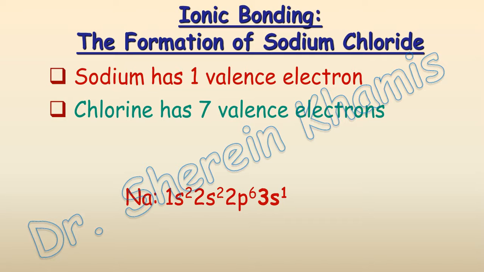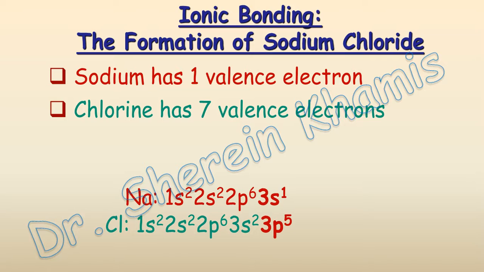So chlorine's electronic structure is 1s2, 2s2, 2p6, 3s2 and 3p5. We have here the third shell that contains 3s2 and 3p5.